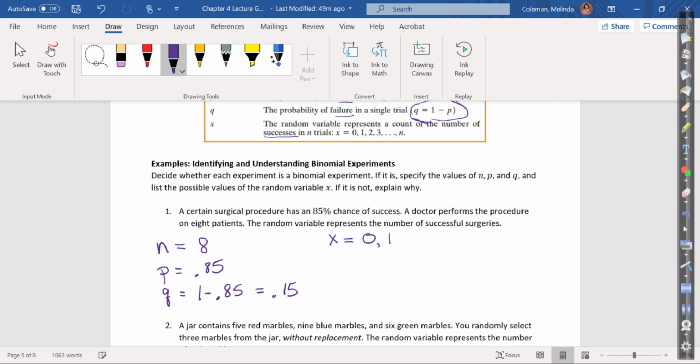We could have 1 successful surgery. We could have 2 successful, 3 successful, 4, 5, 6, 7, and hopefully all 8 would be successful. And the chances are pretty good that most of those 8 will be successful because the probability is the same for each surgery at 85%. So this is a binomial experiment.